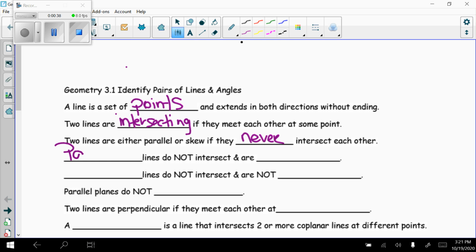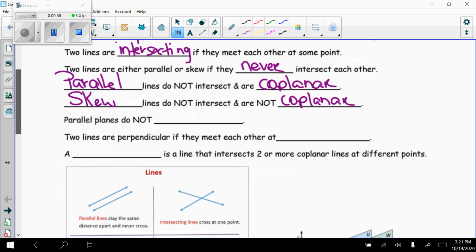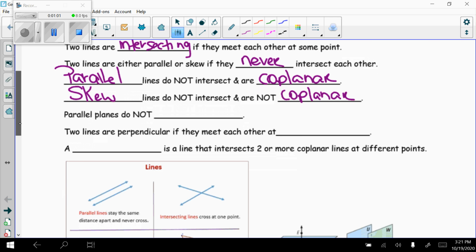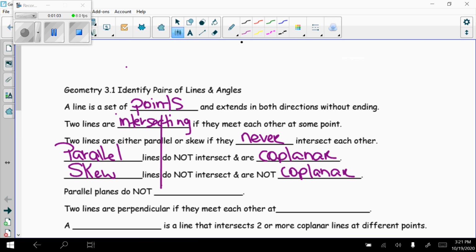Parallel lines do not intersect and are coplanar, so they are in the same plane. Skew lines do not intersect and are not coplanar, so they would not be in the same plane. Parallel planes do not intersect.